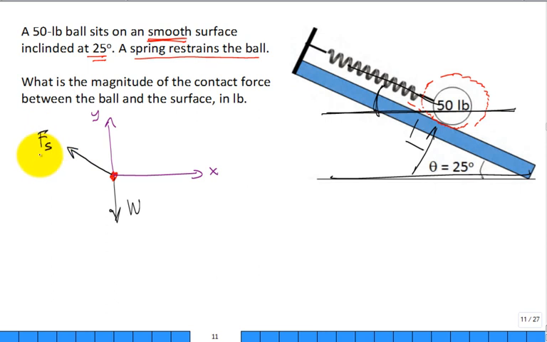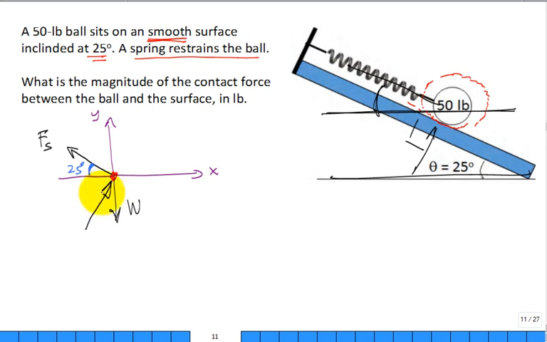Force in the spring, which I don't know what it is yet. It's an unknown force, but it's on the free body diagram. And I'm going to give its orientation by this angle, which is what? 25 degrees. All right, so now let's get the other force in there, which is a contact force.